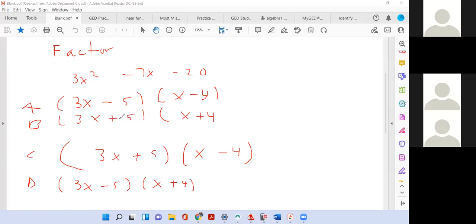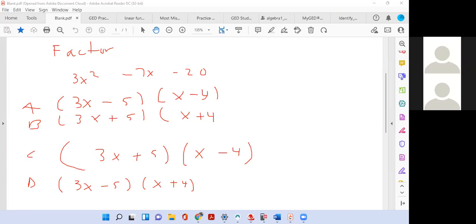So your question, they might change it up a little bit. So here, they ask you to factor 3x squared minus 7x minus 20. But instead of using the quadratic equation, what you can do is just use the multiple choice to find your answers.